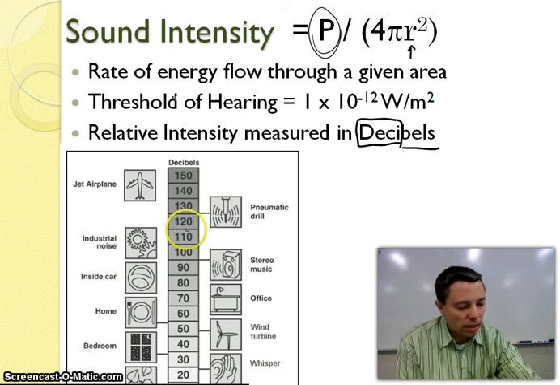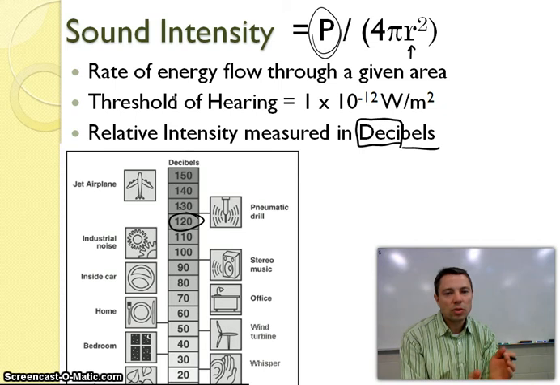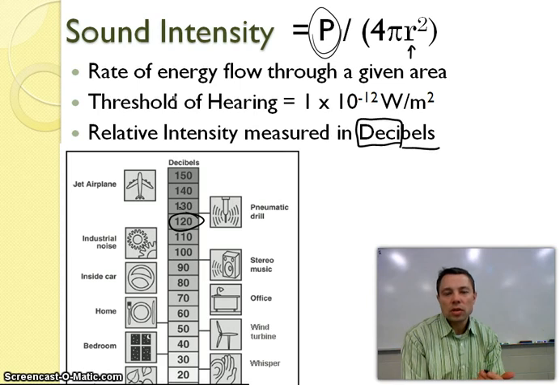Ideally, if we're at 120 decibels, that's the threshold of where we want to be pain-wise. If you hit 120 decibels with no ear protection, you can manage it for a short amount of time. A lot of this is dependent upon the length of time that you are experiencing it.